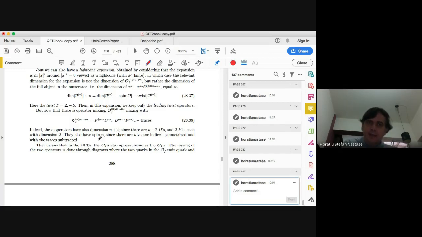And they also have spin n because I have n indices in here. So you see I have mu1 up to mu n minus 1, but then I have nu, which makes it an nth index.